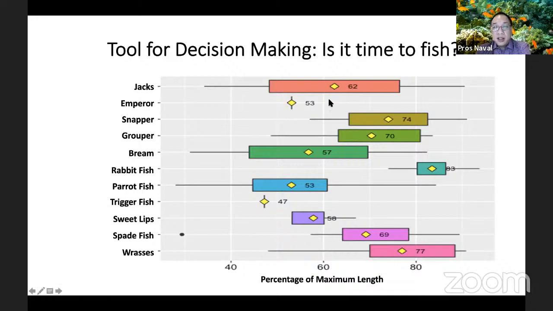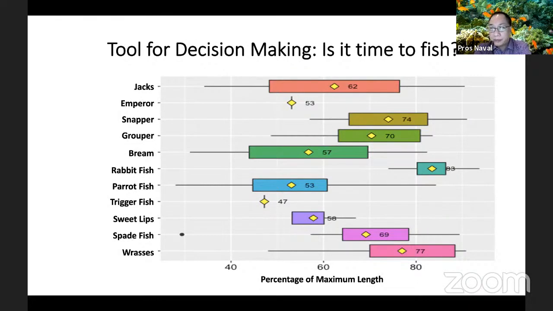So this graph shows us that most of the fishes are not yet mature. The jacks are just 62% of their maximum length on average. All this information is crucial for informing LGUs on whether to fish or not fish at this particular time.